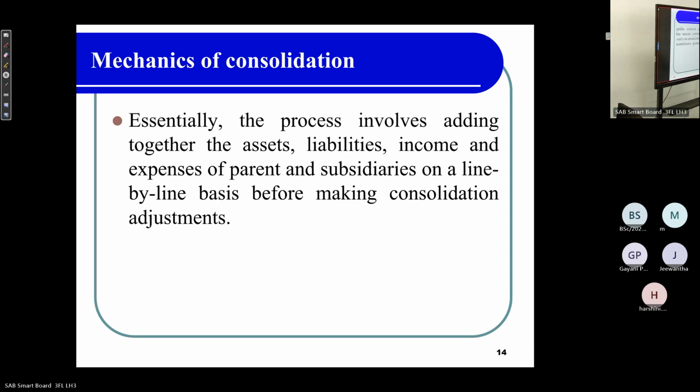Last one, consolidated notes to the financial statements.